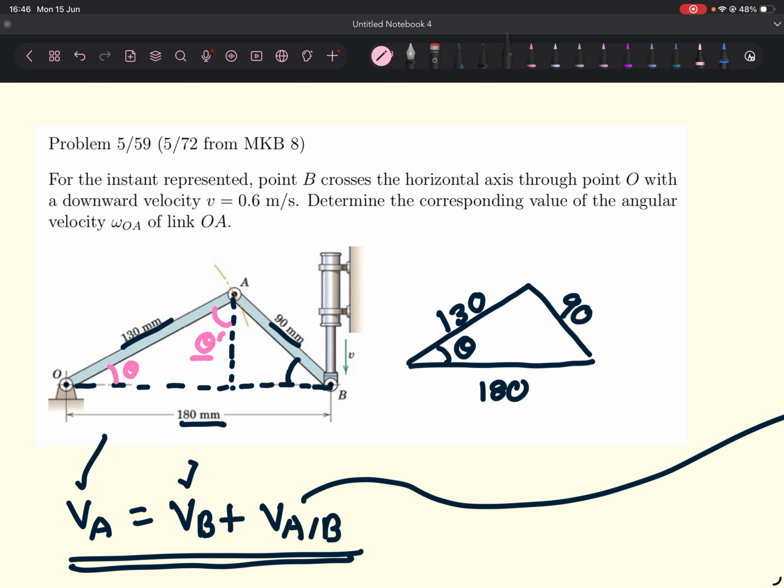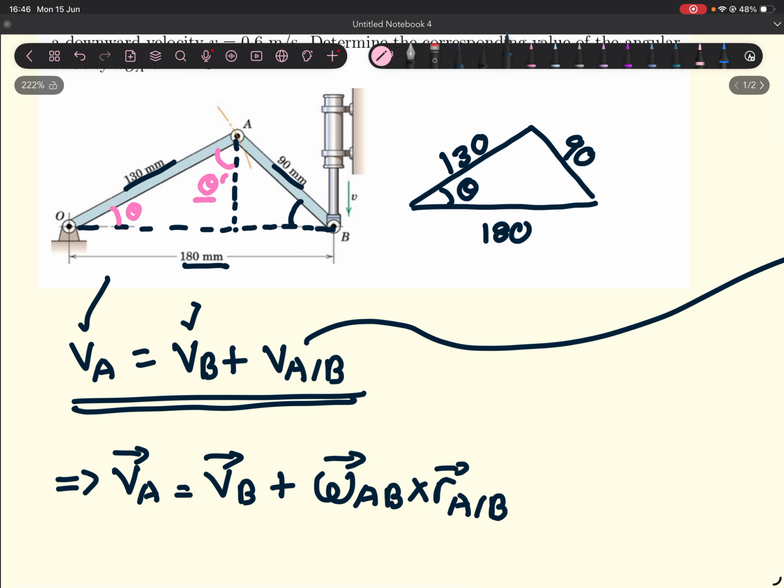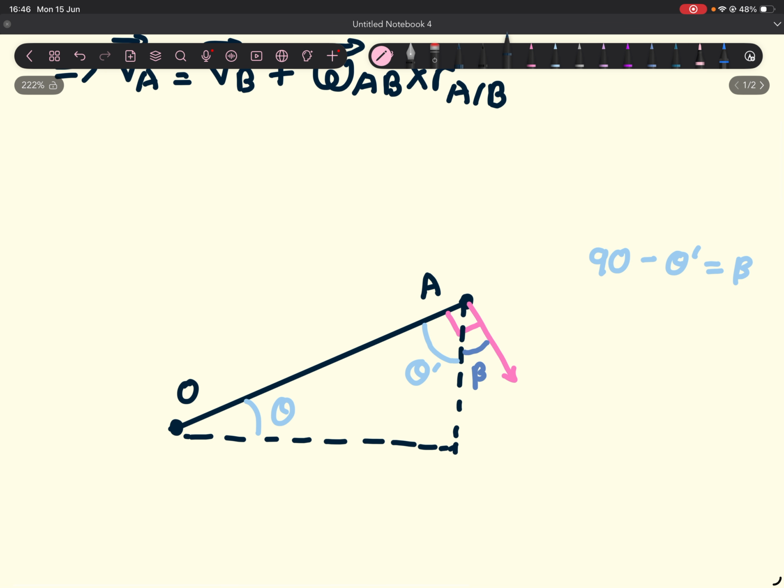And you have theta there. So you can use the cos rule to solve for theta. And then once you have theta, you can find theta prime using sum of angles in a triangle, and then 90 minus theta prime will give you beta.